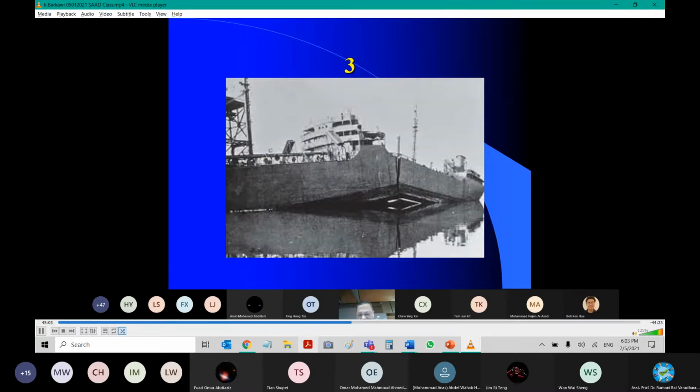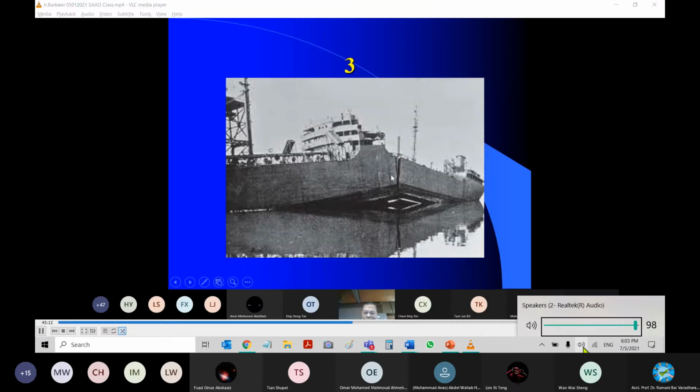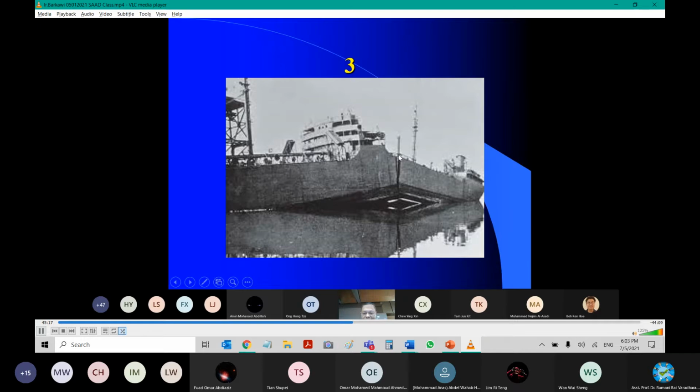The second one, you see what is this? Ship. It's quite a large ship, right? You never thought that a ship would crack in the middle. Now there's a crack right in the middle, and this particular ship, I think it's called Infinity or something like that. You can check on the internet. By the look of the picture, I suppose it is the 1960s or 70s, as there's no color picture.